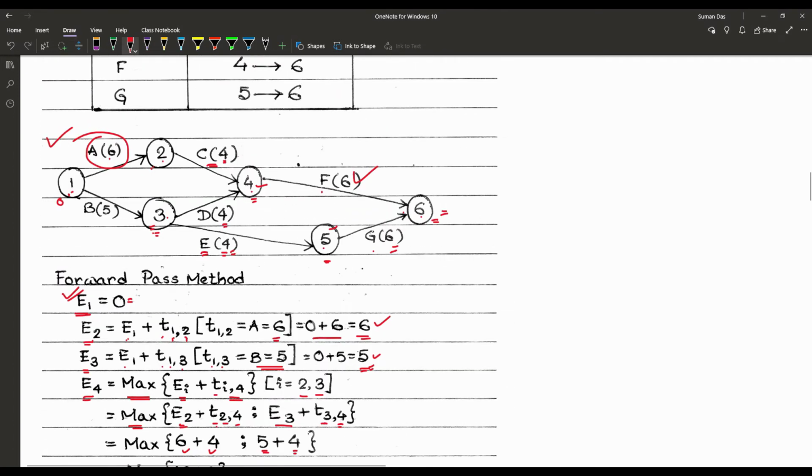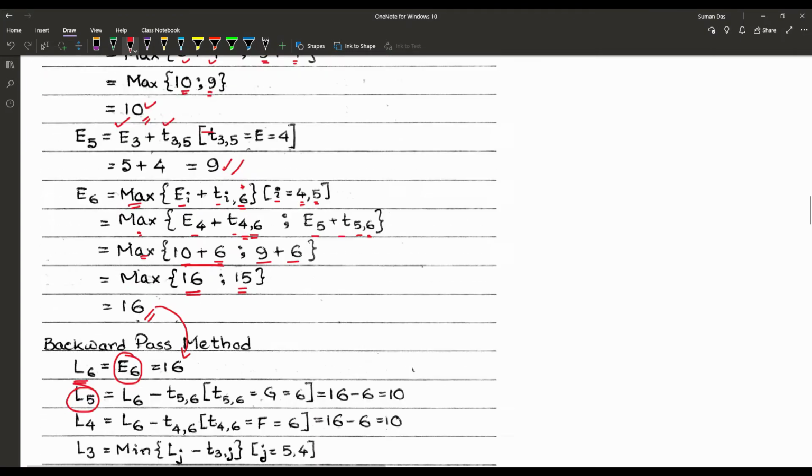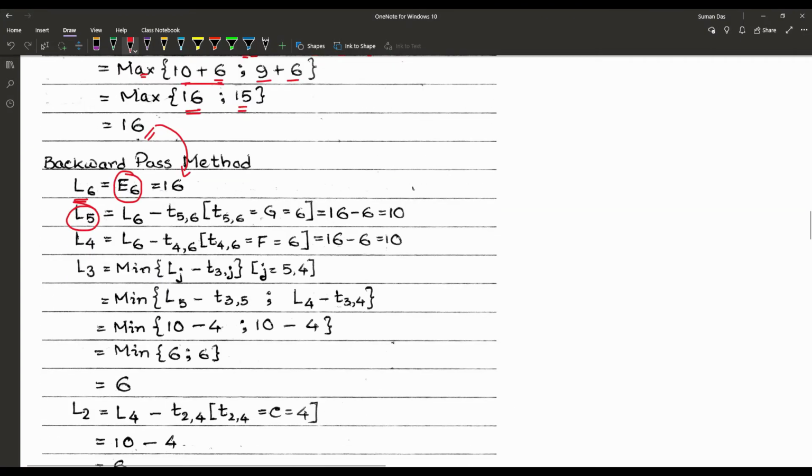Node 5 means we have only one way back, through the activity G, and that one is 6. So L5 must be L6 minus T5,6 from node 5 to node 6, and that we already know is 6. So L6 minus T5,6 is equal to 16 minus 6.